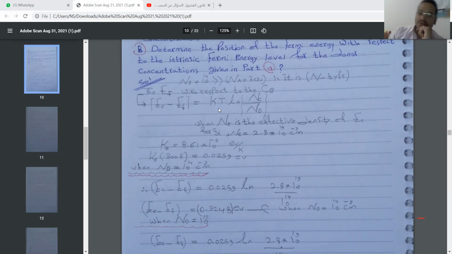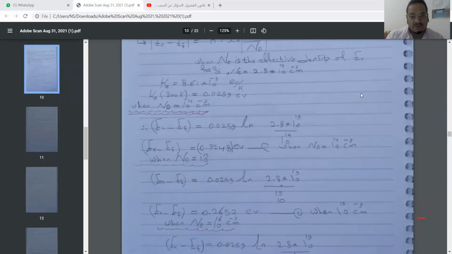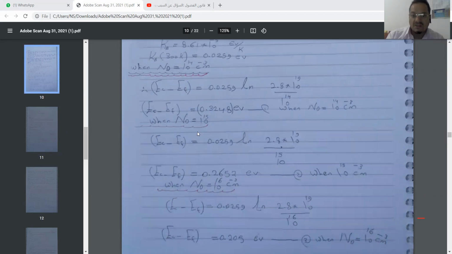KT here will be constant because we are dealing with room temperature, and we calculate all of these. The difference from the valence band to the conduction band equals 0.324 electron volt when ND equals exponential 14, and we will do the same thing when ND equals exponential 15.